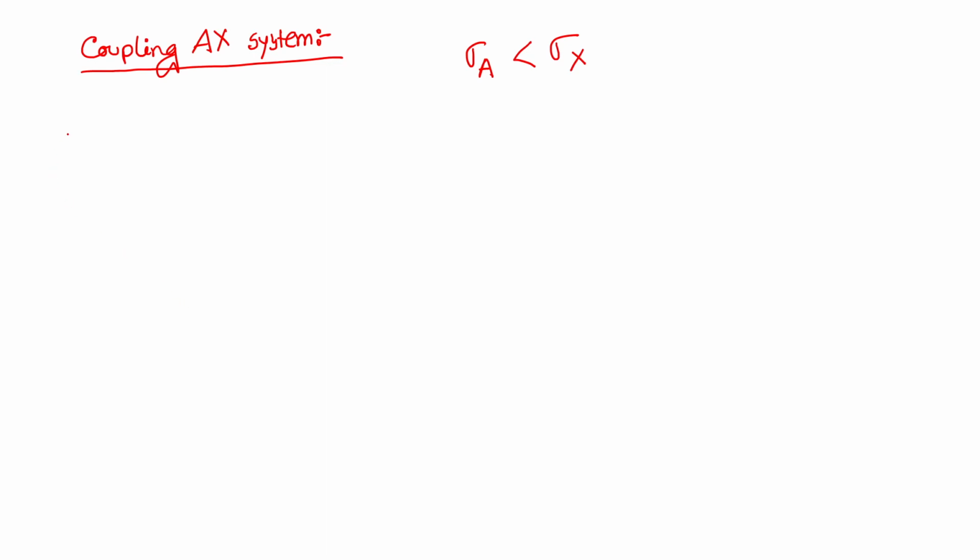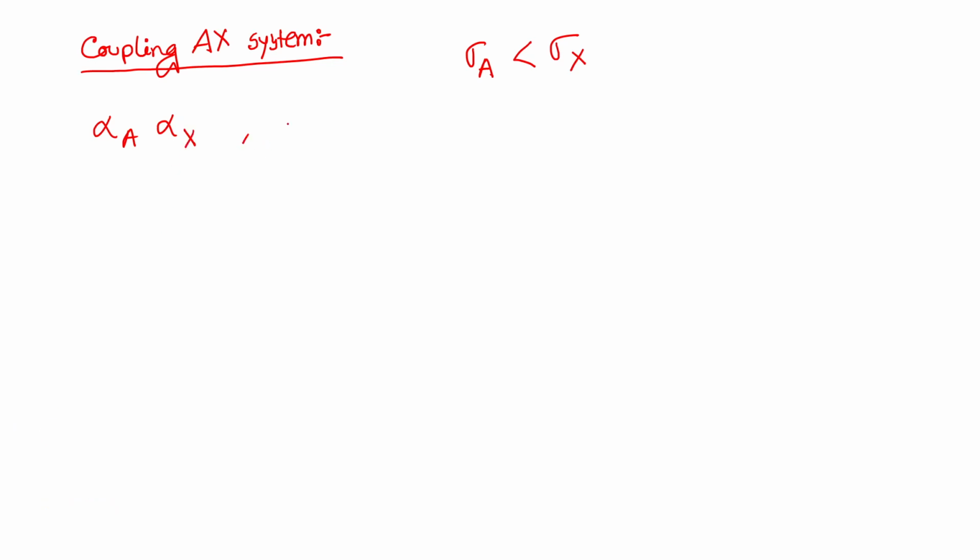So in the two spin system, there could be 4 cases, right? A has alpha spin, X has alpha spin. It is an AX system, so that was my mistake earlier.